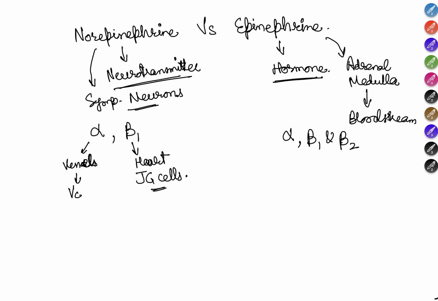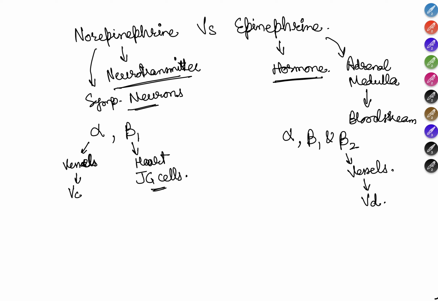All right, and the beta 2 is present on the vessels, and in the vessels it causes vasodilatation. Okay, so that changes the dynamics when we talk about the actions of these two on the cardiovascular system.